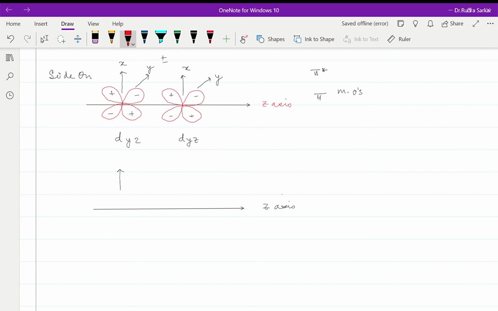So again, what we will do, we will draw another lobe, which is suppose something like that. Again, we will say this is minus, this is plus, plus, minus, minus, right? This is the y-axis.